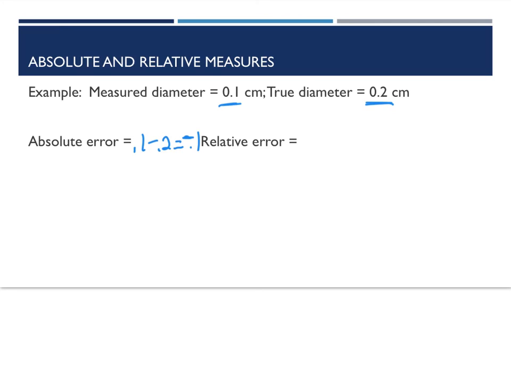Again, that makes the true measurement the reference value. So when I go to find the relative error, it's negative 0.1 divided by 0.2, which is 0.5, or 50%.